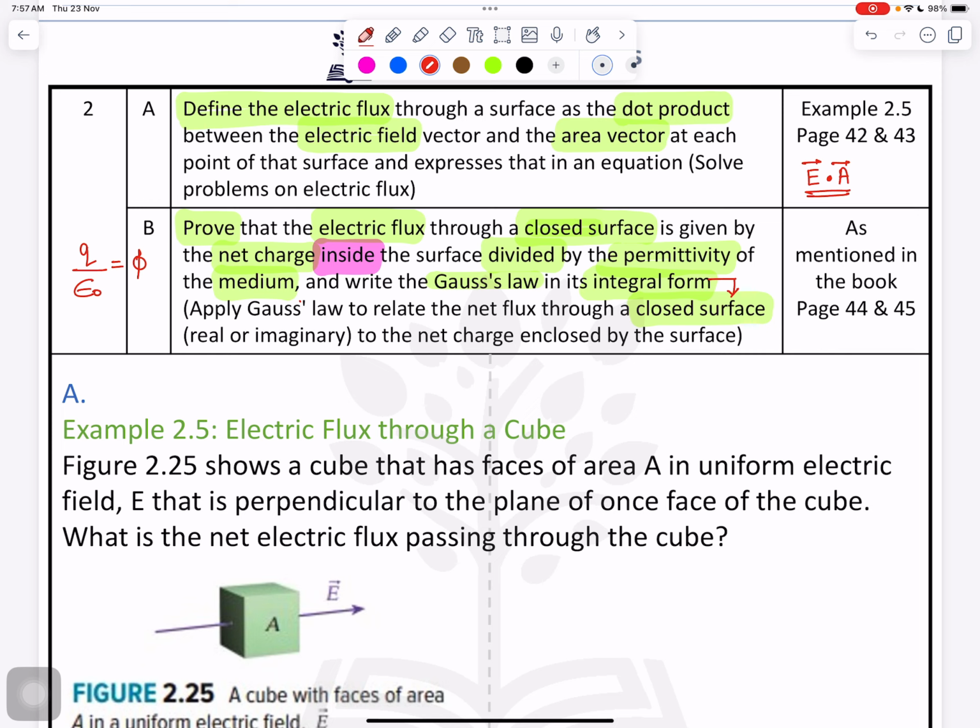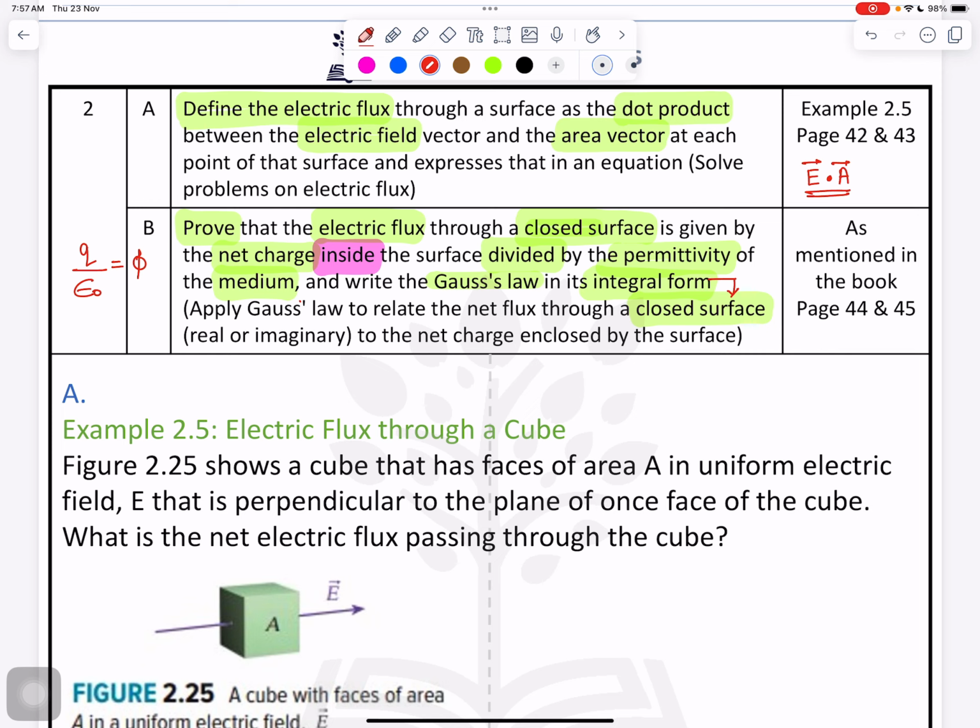There are two cases. Case 1 is your open surface, and case 2 is the closed surface. Let's say you close something and we are talking about this area, and electric field lines of force are going out.